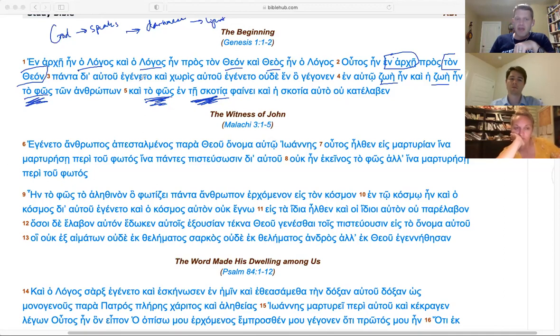Everything through him became, and apart from him nothing became, not one thing which became. Some Greek texts actually put a period right there. But that's a sub question we don't have to get into tonight. John has this idea that as he meditates on Genesis, well, wait a second, if Christ is the Son of God, and if he is a part of the Trinity, then he must have been there.